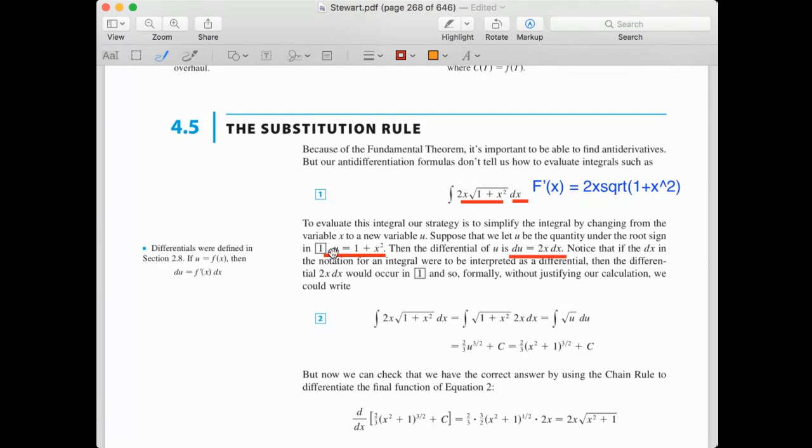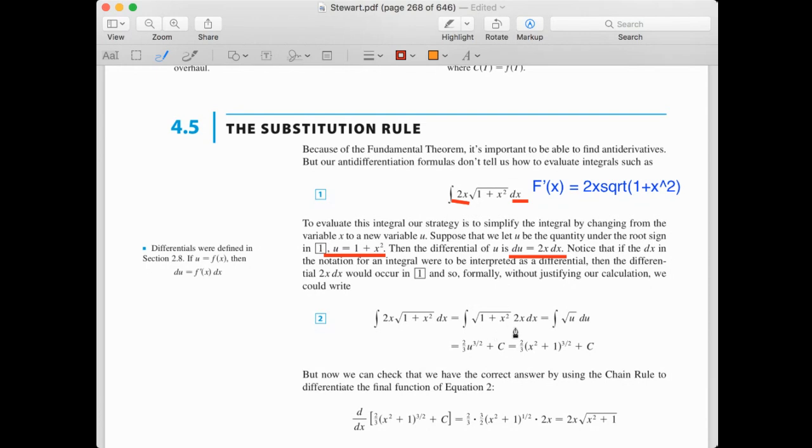So we let u be 1 plus x squared. We figure out du dx as 2x, or we rewrite it as du equals 2x dx. We check right here: we have 2x, and then we have dx. So 2x dx we rewrite as du, and square root of 1 plus x squared becomes square root of u.